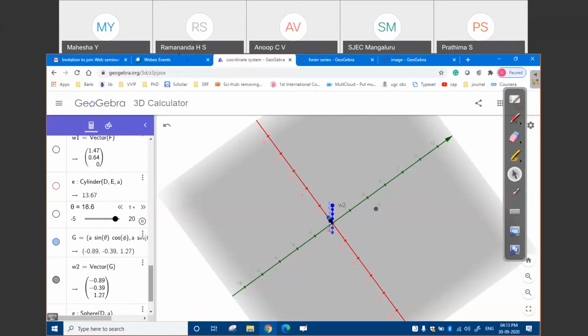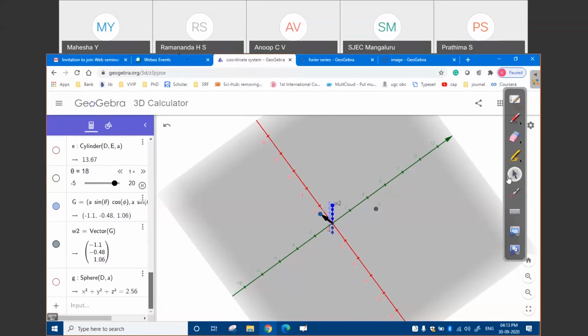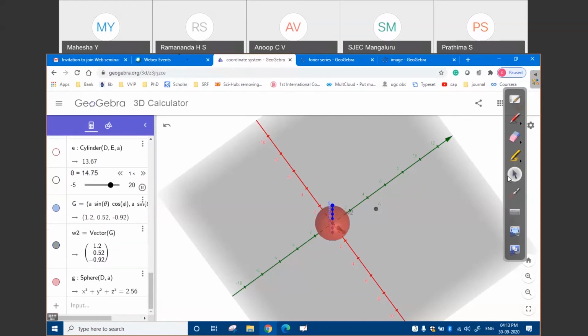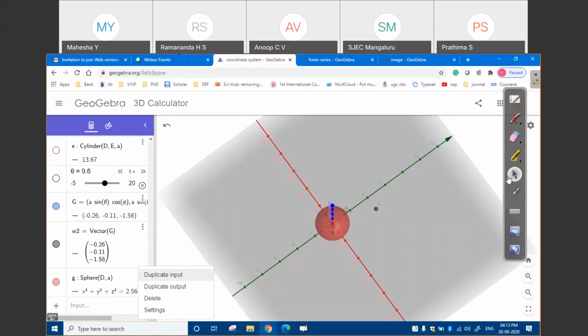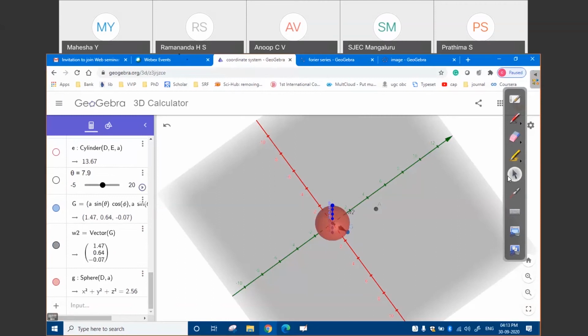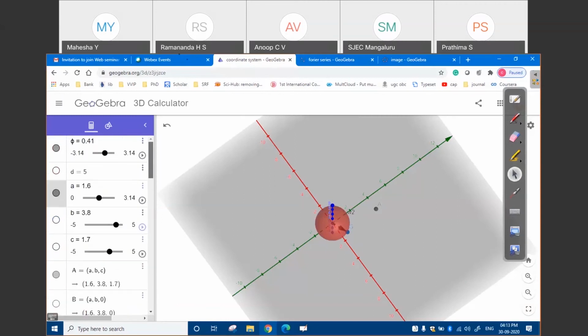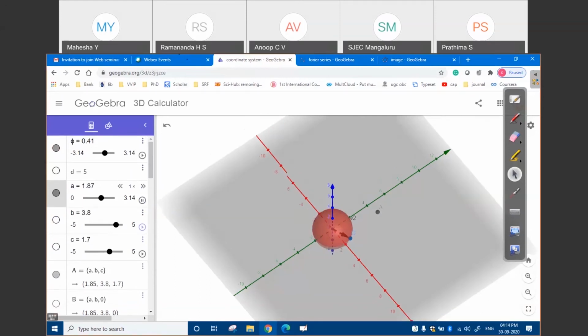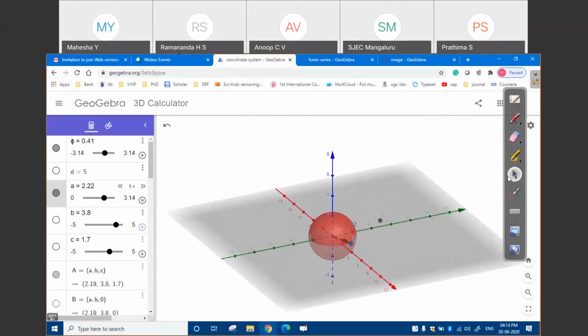Also, we can see why it is called a spherical coordinate system. Here, if I fix the angles and just change the value of the radius, you can see that as r increases, it creates a sphere of radius r.